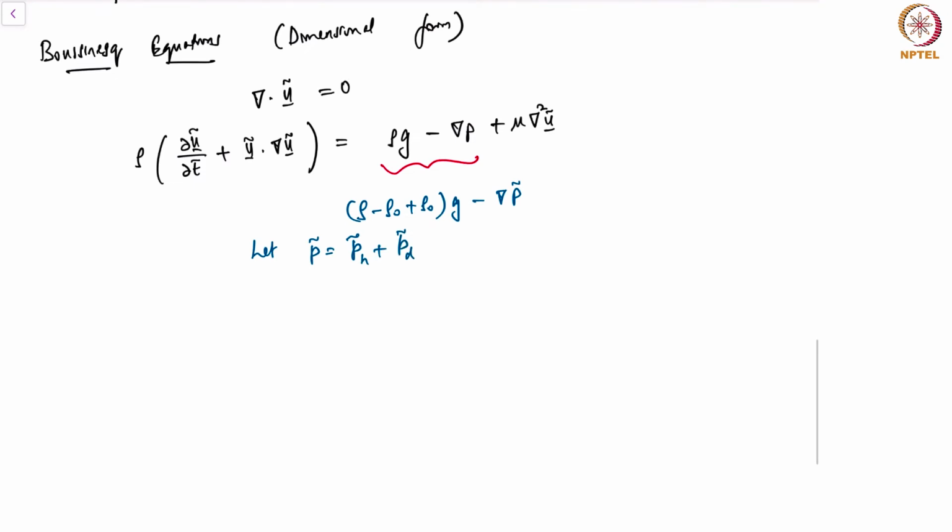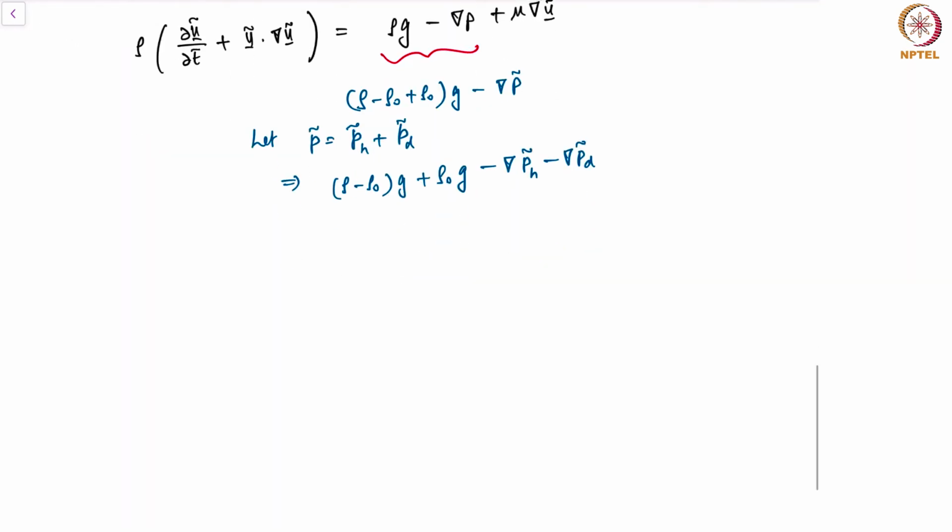Then what I have now is this term essentially becomes rho minus rho naught times G plus rho naught times G minus grad PH times PD. Okay, and this essentially gives us rho naught times G minus grad PH. This is the one term, plus I have one more term which is rho minus rho naught of G minus grad PD.